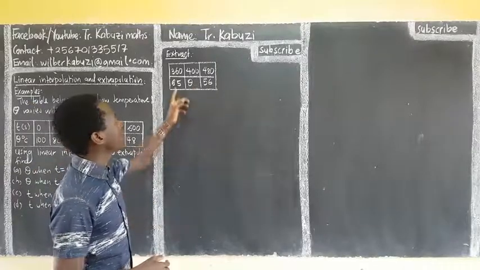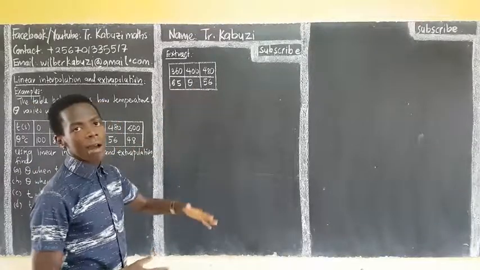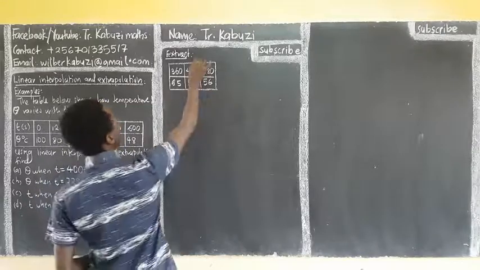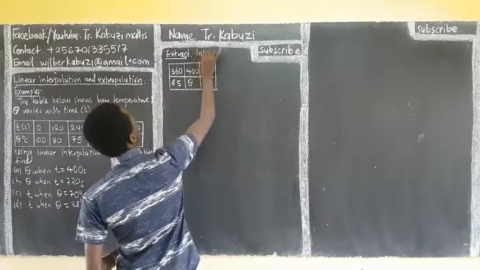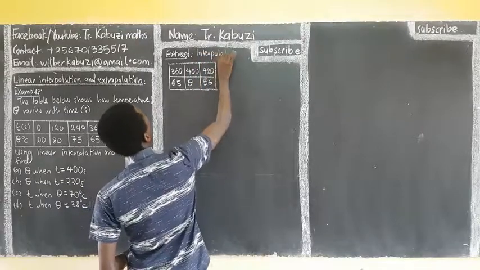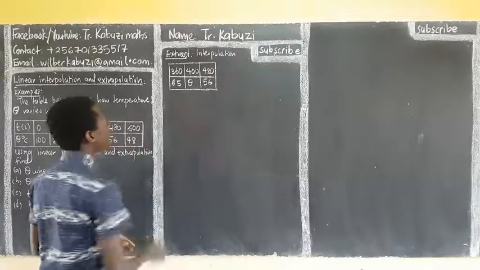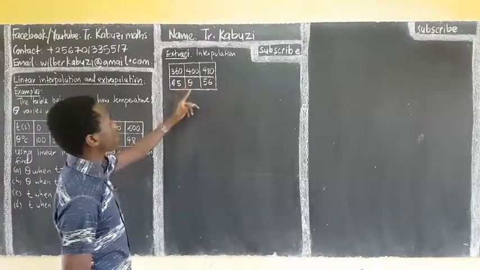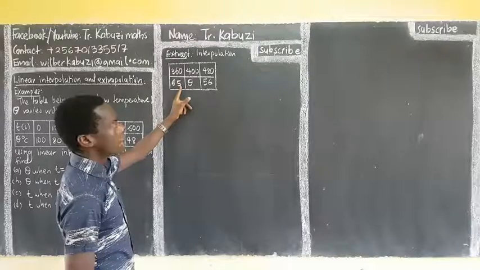Now this one is in between, so we say linear interpolation. Why? Because the value we want is between. So what we do now, we get any two. We say this minus this, as simple as that.